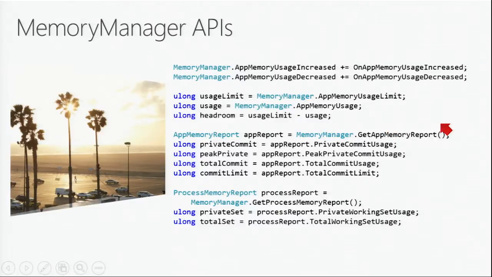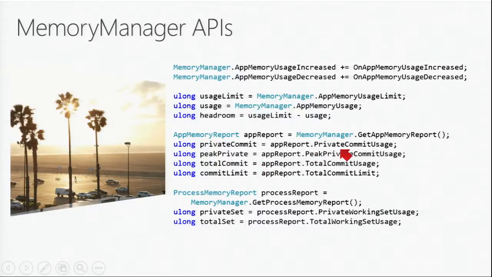And you might want to do this over a period of time, particularly during development. You might want to track the memory consumption of certain operations and the memory trends to see if you're continually increasing, which suggests there might be a leak somewhere, perhaps. So there are some very simple properties you can access from the memory manager. There's also a method, GetAppMemoryReport, which gives you even more detailed information. It breaks down the usage and the limit, which both relate to a combination of private plus shared commit.